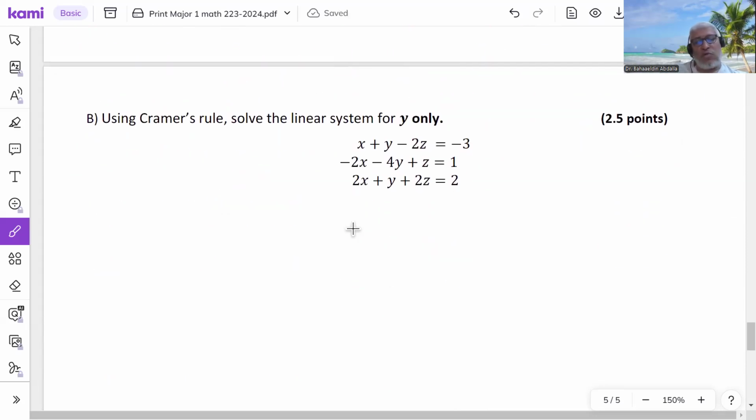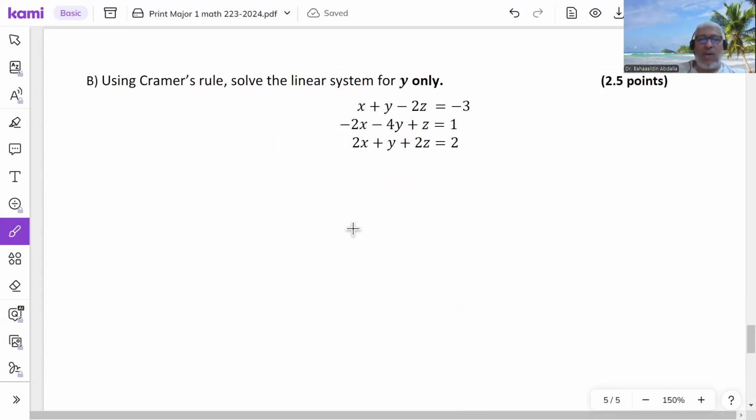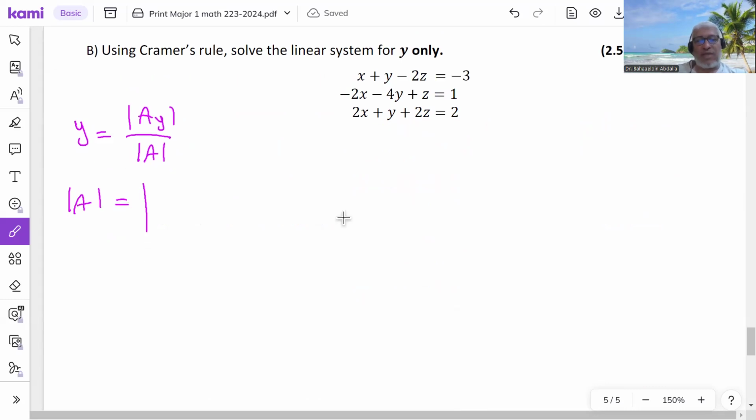Use Cramer's rule to solve the linear system for y only. Well, if we want to solve it for y, then y equals the determinant of Ay over the determinant of A. The determinant of A is the determinant of the coefficient matrix.